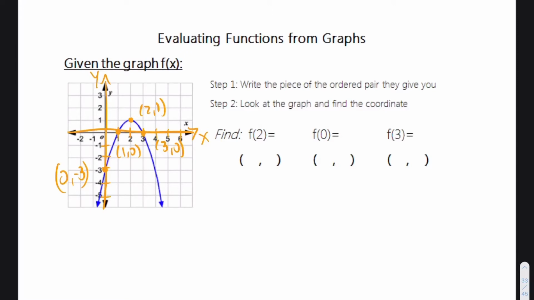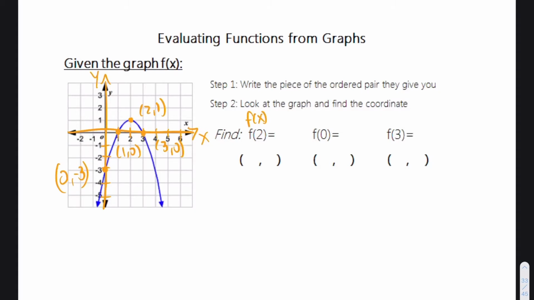Now let's look at these parentheses. Write down the steps. What goes in the parentheses? This is f of what? Well, they wrote f of 2, but 2 is replacing x.